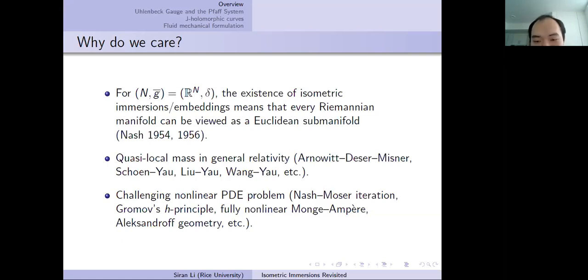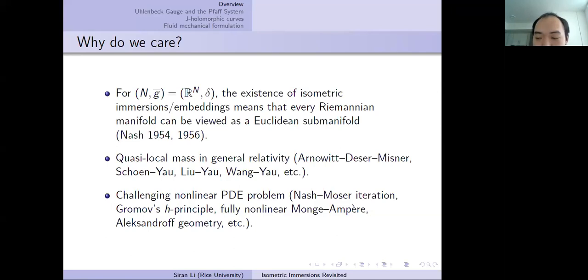For example, we have the ADM mass by Arnowitt, Deser, and Misner, and Shing-Tung Yau proved the positivity of quasi-local mass. There are also other variants of masses, for example the ones proposed by Melissa Liu and Shing-Tung Yau, and also Mu-Tao Wang and Shing-Tung Yau, and many others. This is the general relativity aspect of the motivation for isometric immersions.